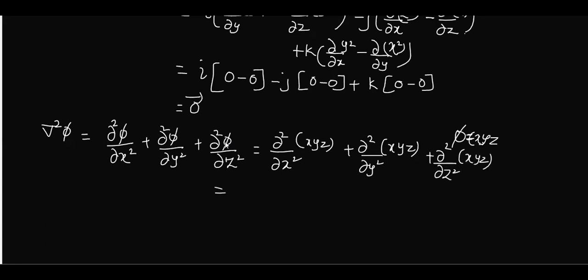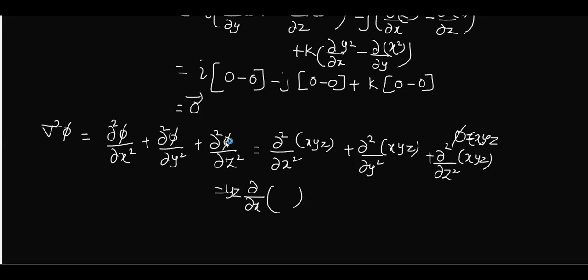Can we go to the second order derivative directly? No. Let us go step by step. First, we have to differentiate with respect to x. So I'll write dou by dou x of the first derivative. The second order can be written as the derivative of the first order. Now, what is constant if I'm doing it with respect to x? Among these terms, y and z can be taken out.